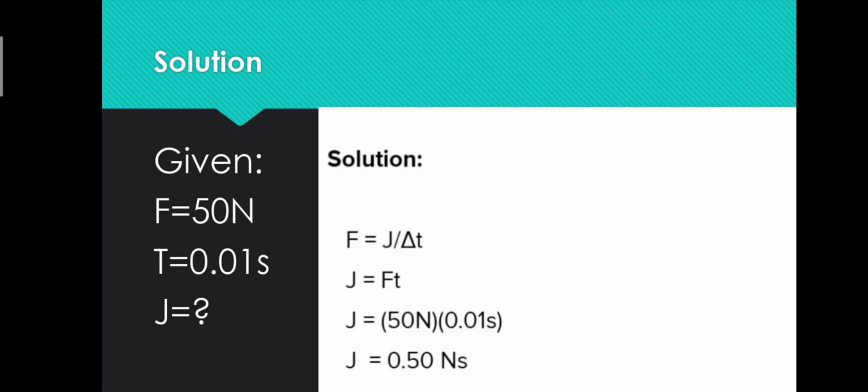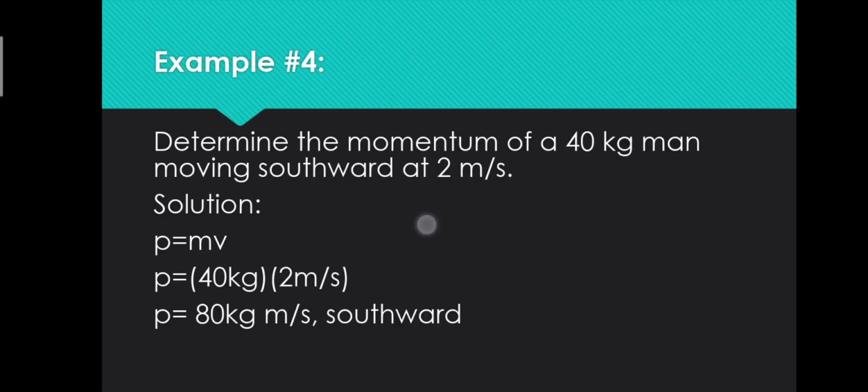Since the average force is equal to 50 N and the time interval is equal to 0.01 seconds, now let's multiply the value of F and t, which is 50 N times 0.01 seconds. So the impulse of the given is 0.50 Newton seconds, or 0.50 N·s.